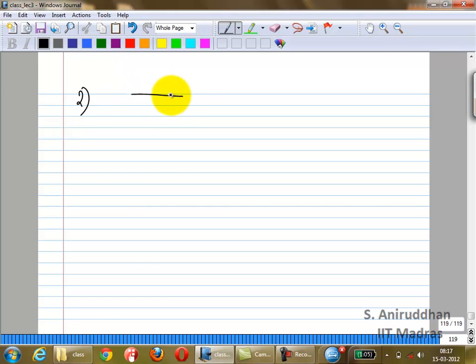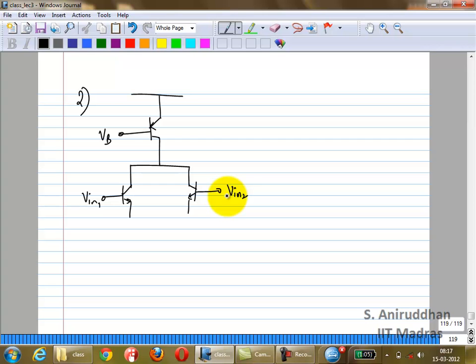So the next step is to move my bias to the top side. I'm going to convert my input stages to source follower type stages.